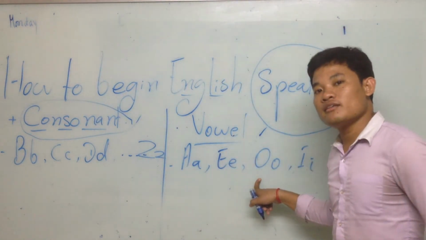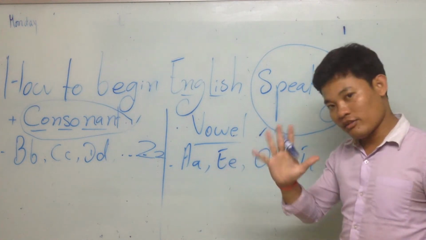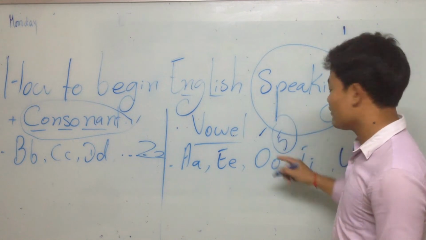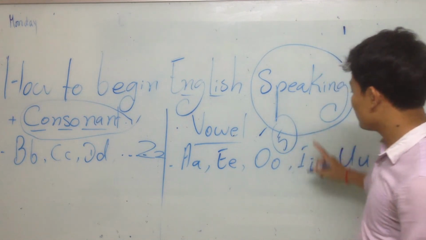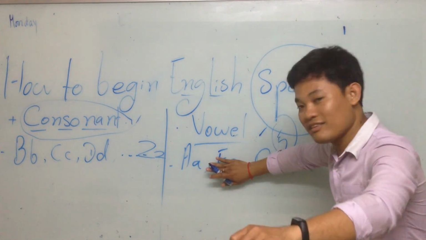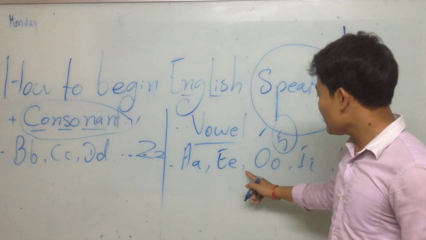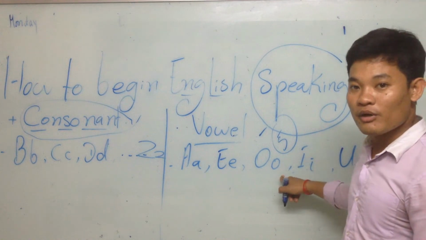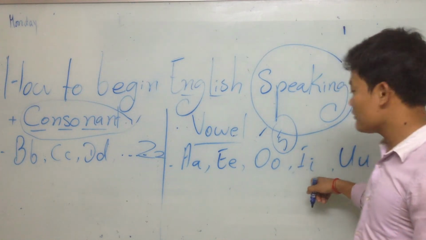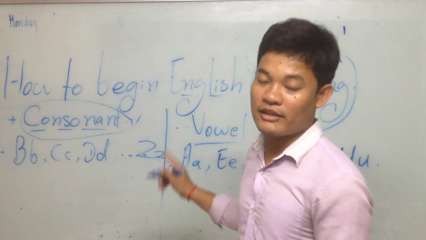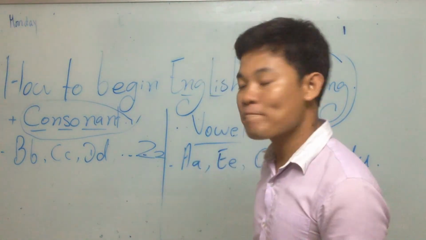So, vowels, they have only 5 letters. So, what are they? They are A, E, I, O, and U. That is a vowel. Okay?